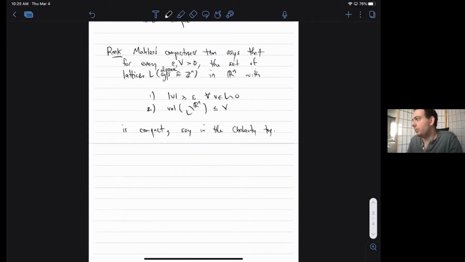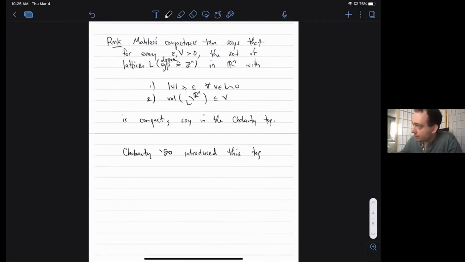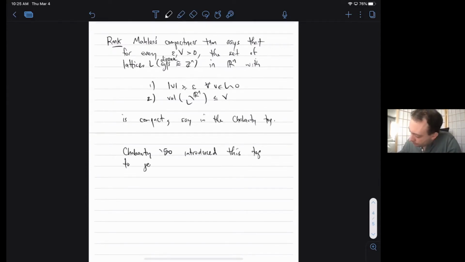Chabauty's initial interest in all of this, in 1950, I think, was that he introduced the Chabauty topology to generalize Mahler's theorem to lattices in other groups.